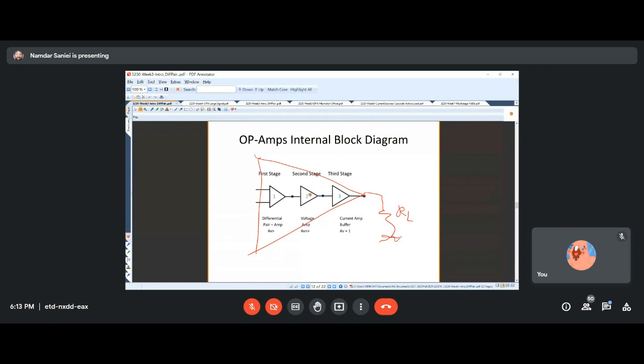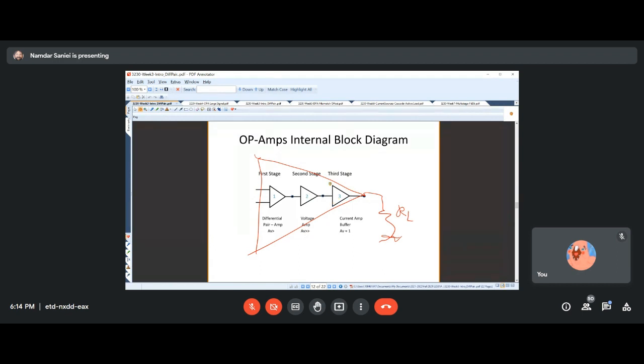That's what we covered in introductory electronics. The first stage is the differential pair amplifier. That's what we covered in this course up to this point. And the last one is basically a current amplifier or a voltage follower that we have talked about kind of in the introductory electronics.